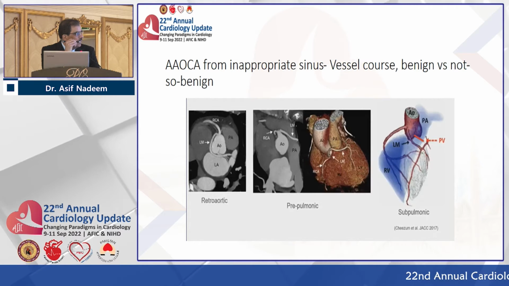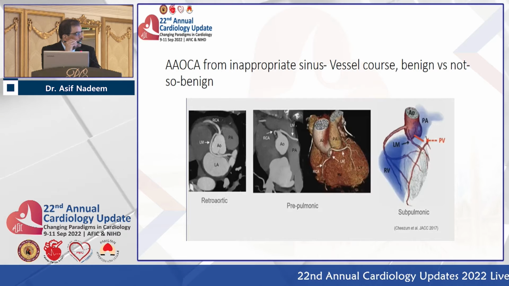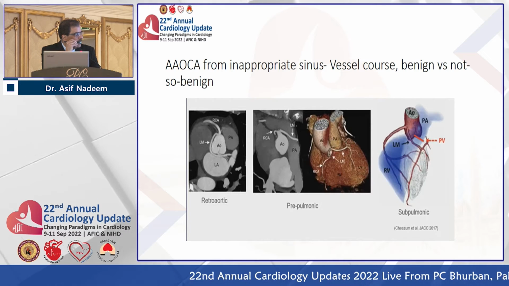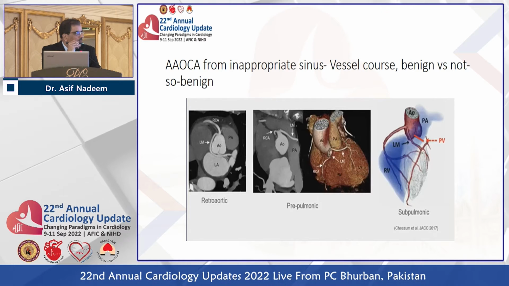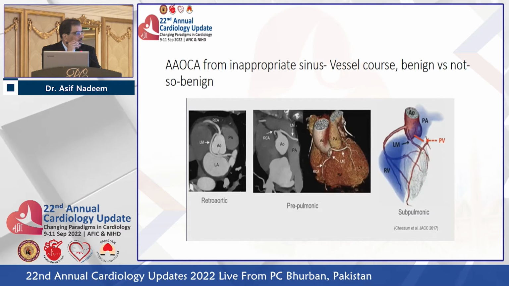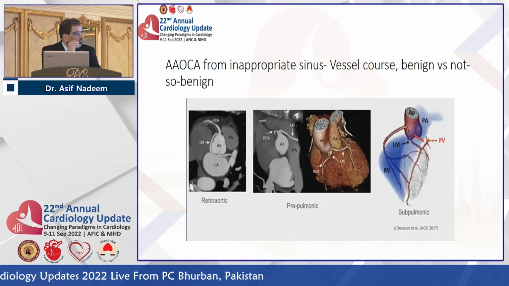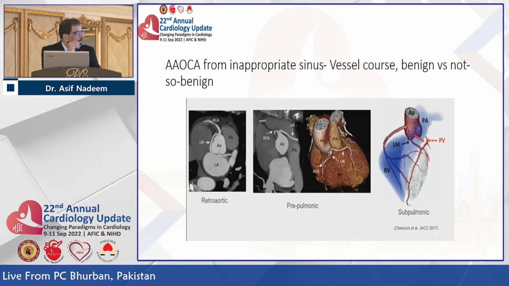So it is coming here and turning around the aorta, and then it is supplying the myocardium. But it is not being squashed. It is not present in that potential space which we were discussing. So as long as it is not passing through this, it is a benign condition. So left coronary artery originating with a retroaortic course is a benign condition.